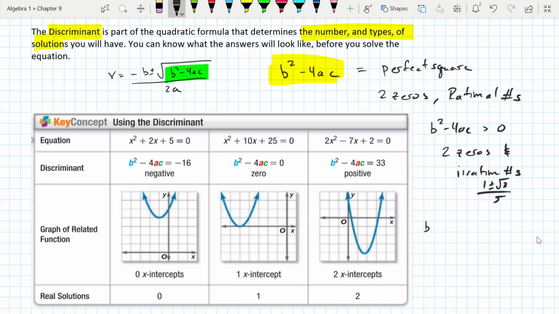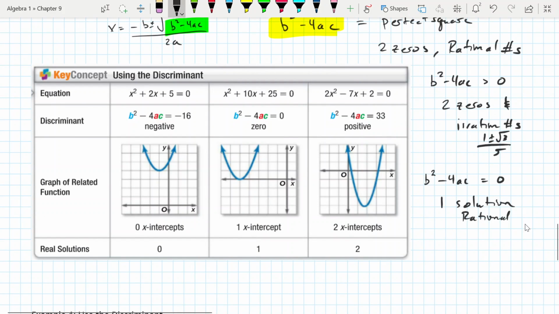If b squared minus 4ac equals exactly 0, then there's one solution, and it's usually rational. And if b squared minus 4ac is less than 0, we just say there's no real solutions, or we can say the empty set. That's the thing where I keep talking about imaginary numbers. You learn about those in algebra too.